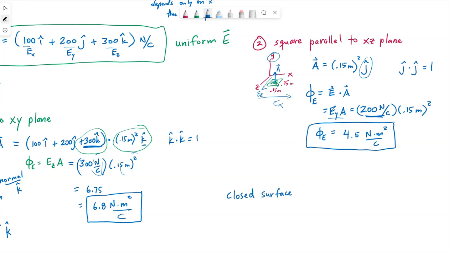So what we've talked about so far is considered an open surface. It's just two-dimensional. It's a square, it's a rectangle, it's a circle, it's a triangle. A closed surface is three-dimensional. It's going to be a sphere or a cube, a prism, any type of shape that has both an inside and an outside.